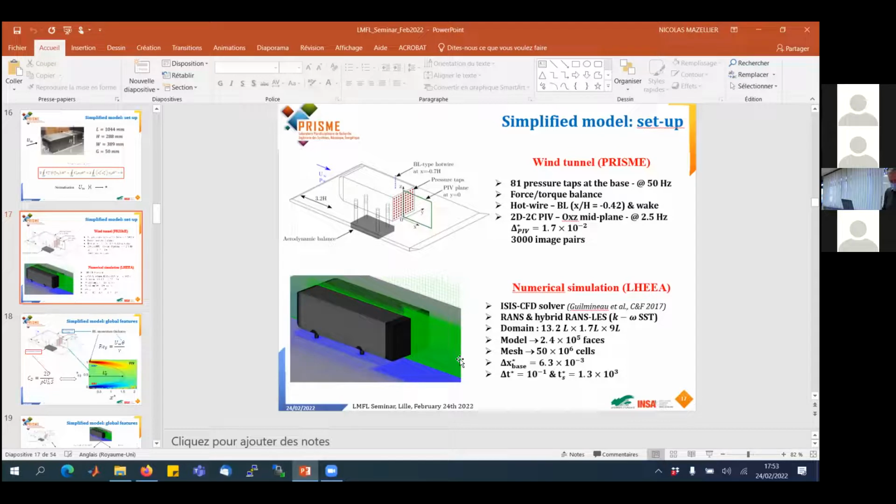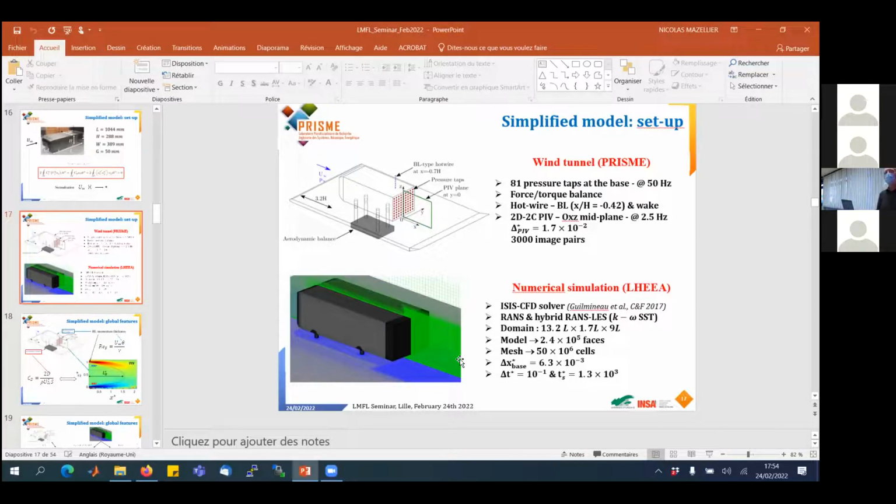And to be sure, it's the 3D simulation, and then you just take the 2D plane for post-processing, or it's just a 2D simulation? Yeah. We've done obviously a 3D simulation, and then we just extract the data at the same position as the PIV to be comparable to the experiments, in fact. Okay, so you have the 3D effect in your simulation. Yeah.